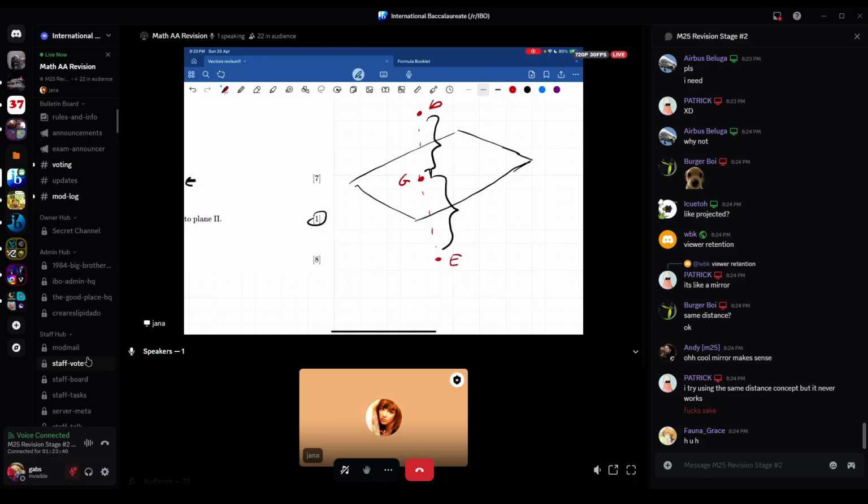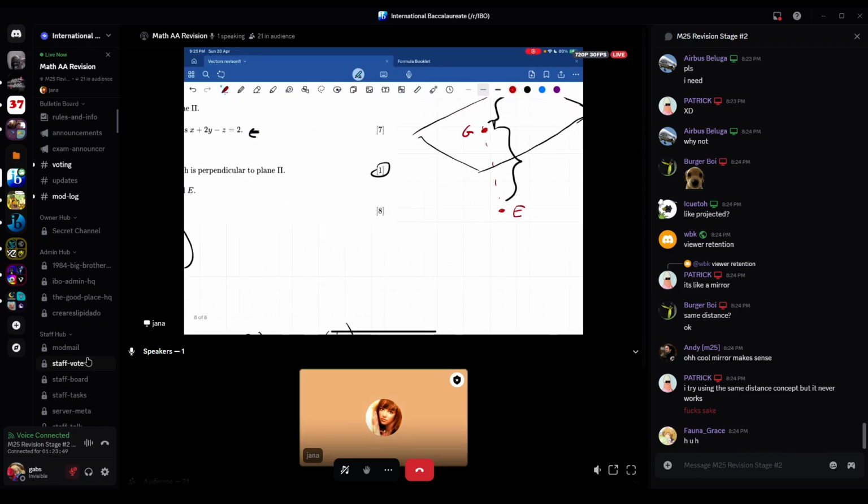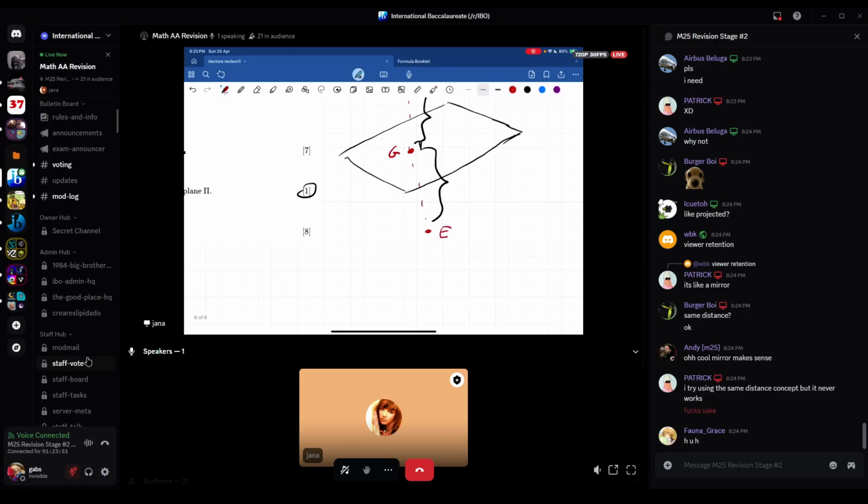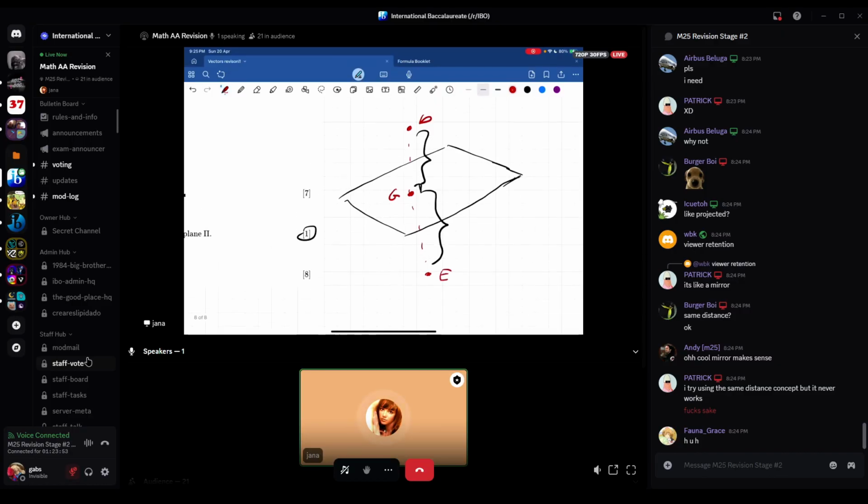So if we find point G, which is where this line that we just found intersects the plane, we can find point E because we know that it's the same distance away, right?